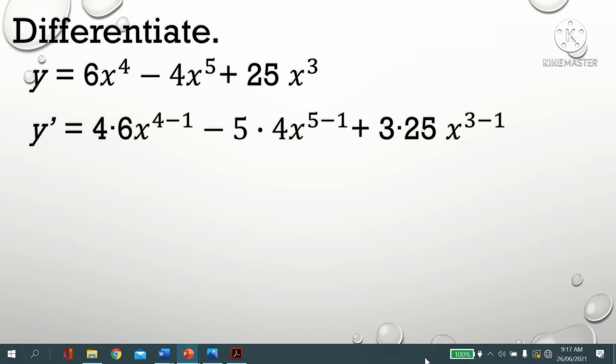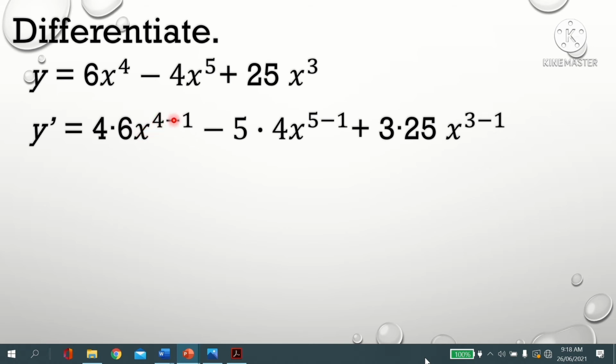So y prime is equal to, so it's a combination of the power rule, constant multiple rule, and then i-apply na po natin yung sum or difference rule. So dito po, let's have the first one. You just copy 4 here, the exponent, times the numerical coefficient, which is 6, times x raised to 4, provided that you're going to subtract 1.